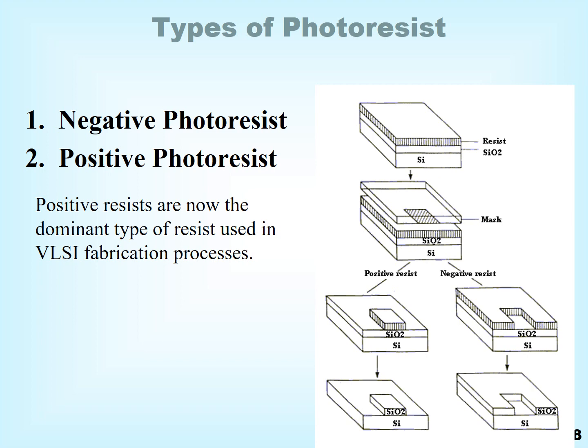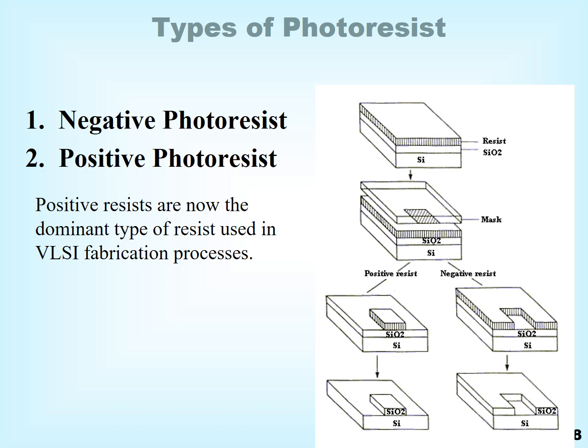Now through the mask, some exposure will happen. The mask has certain areas which are white and other areas which are black. The radiations will pass through the surface which is transparent, whereas they will be blocked in the surfaces where it is black in color.